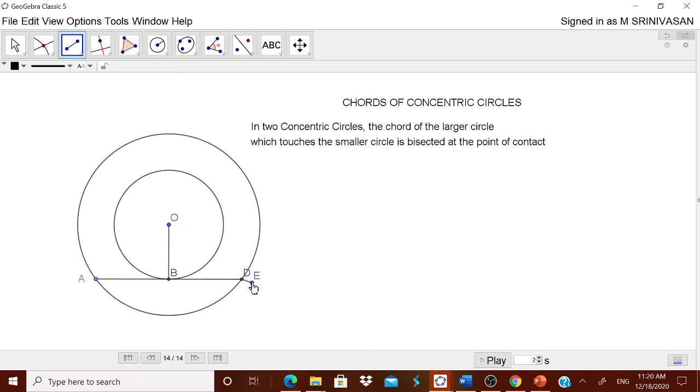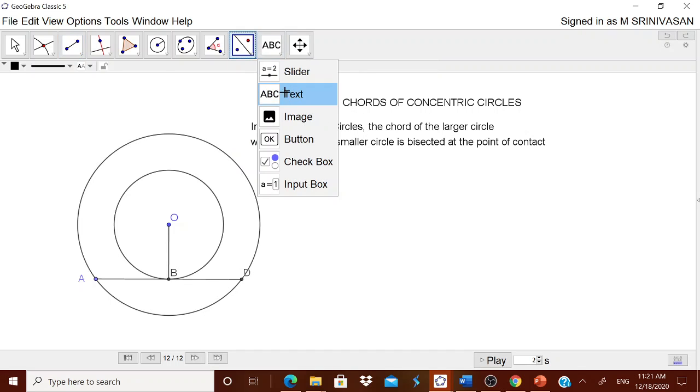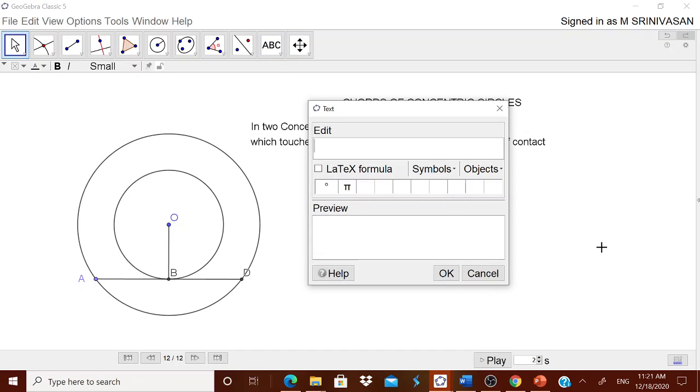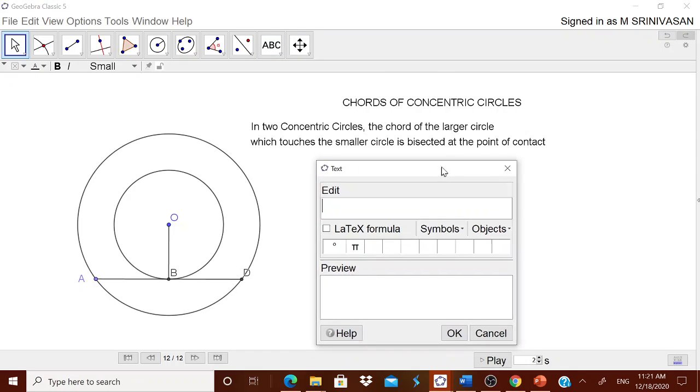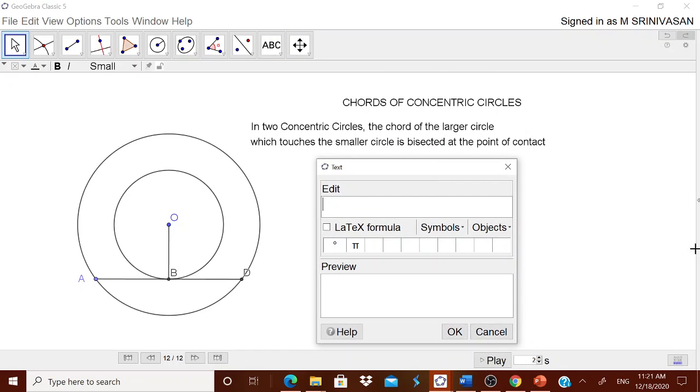Now let us try to explain to the children what is what. In the figure ABC, the child should know the chord of the larger circle. Therefore, AD is the chord of the larger circle.